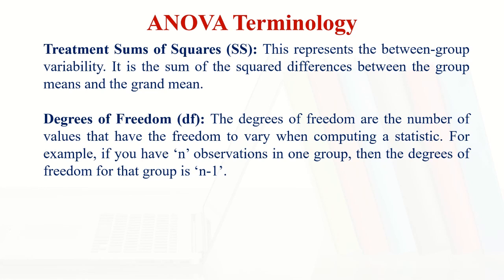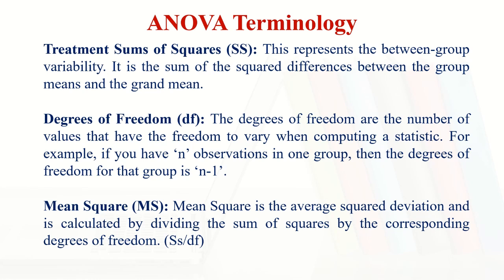For example, if you have n observations, n meaning maybe 35 students, maybe 40 students or 50 students in one group, then the degree of freedom for that group is n minus 1. That is the degree of freedom.